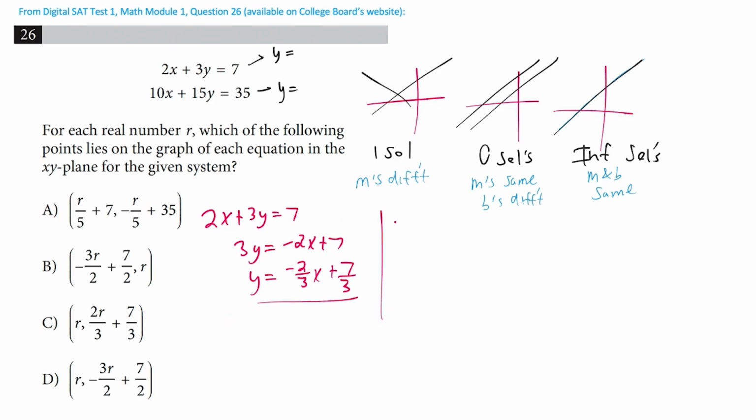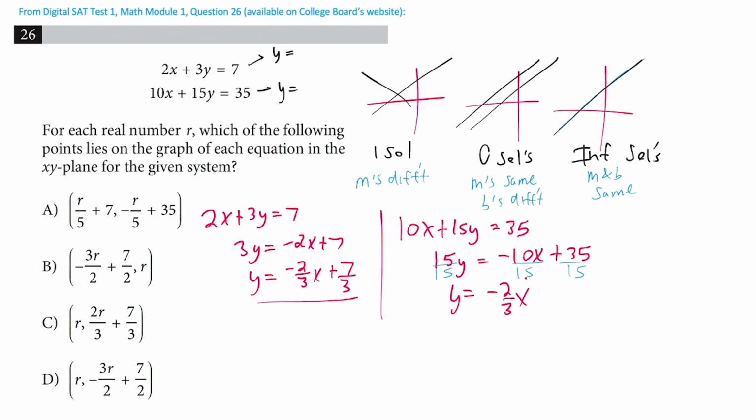And for the second one, we can take away 10x from both sides. Then we can divide both sides by 15. If you divide by 15 here, divide by 15 there, divide by 15 there, you'll get negative 2 over 3x, because you can divide those both by 5, plus 7 over 3.